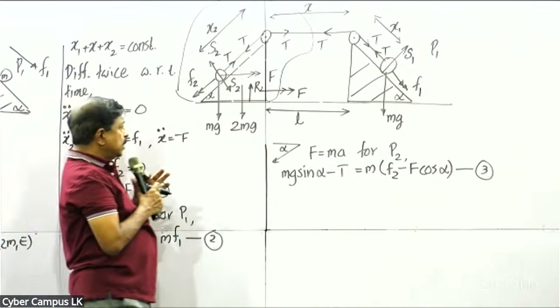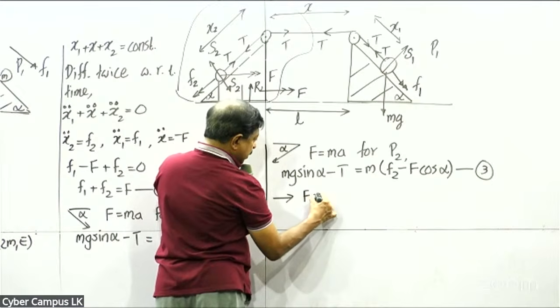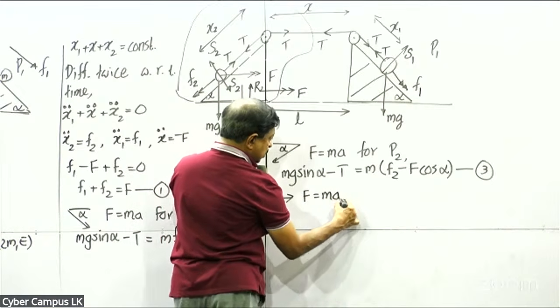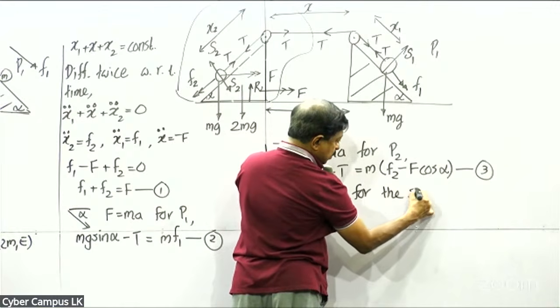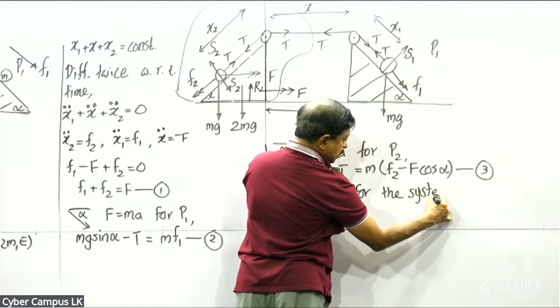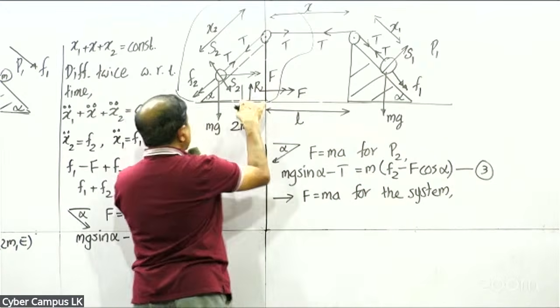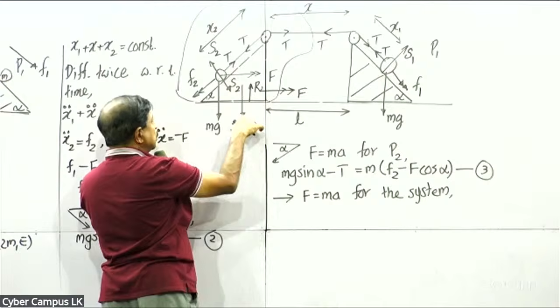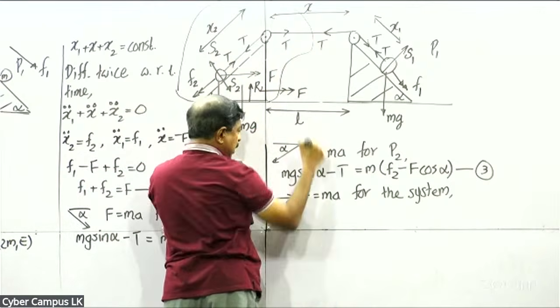Now you have to apply this horizontally to get rid of R for the system. Okay, R will go away, these weights will go away. This is an internal reaction. This T will be there.